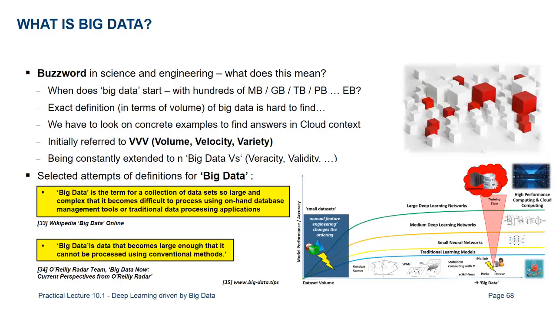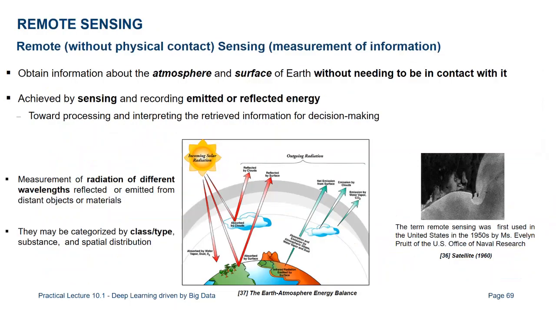Basically, you have different properties which define if the data are big or not. You can also refer to different resources, and each book, each article will give you a different perspective. But let's take a concrete case.